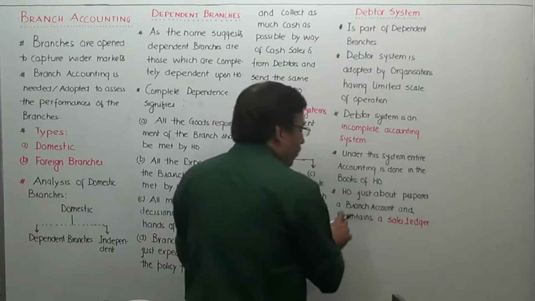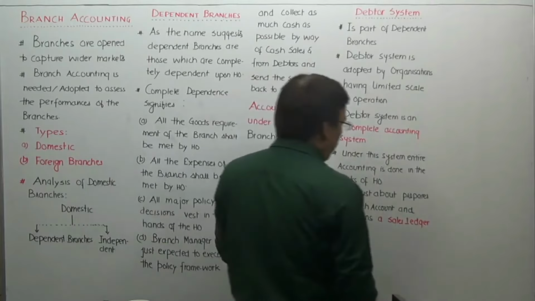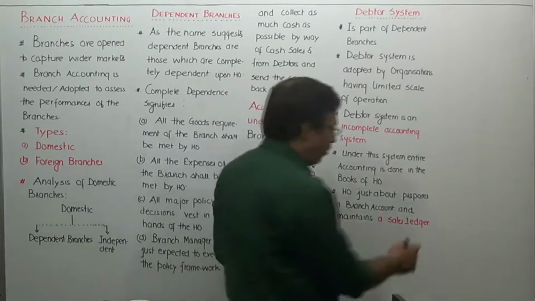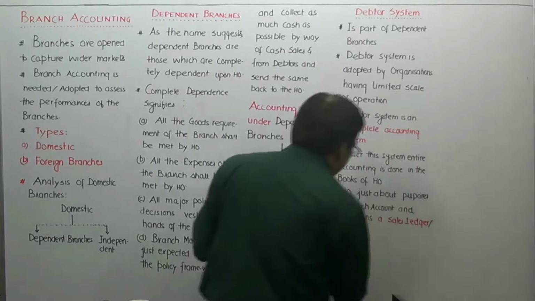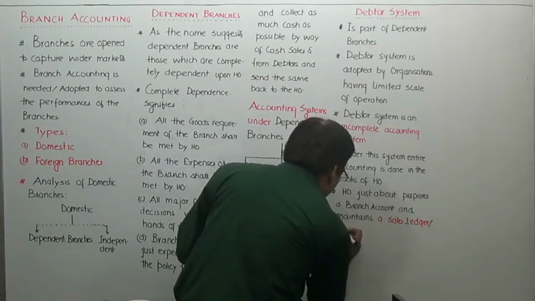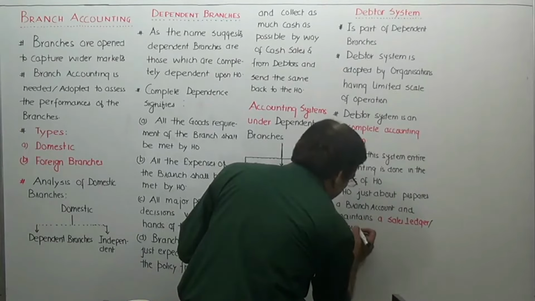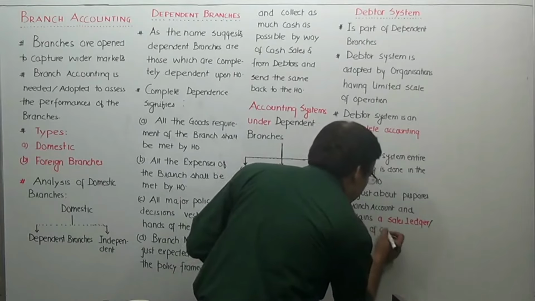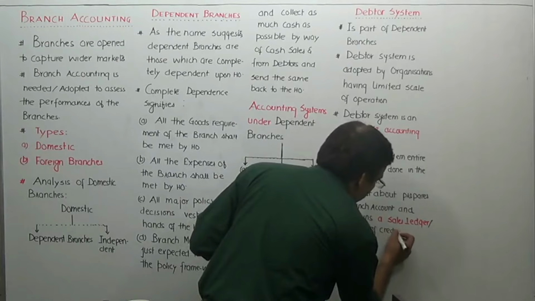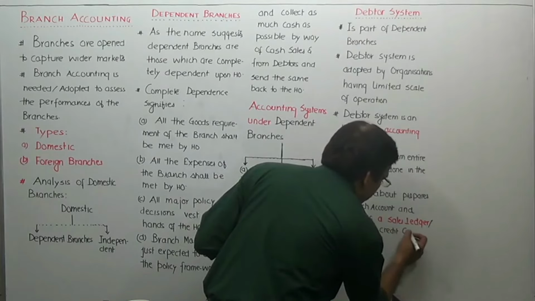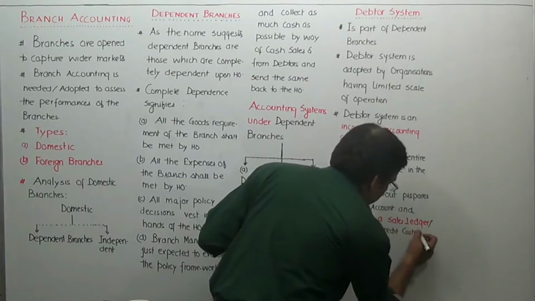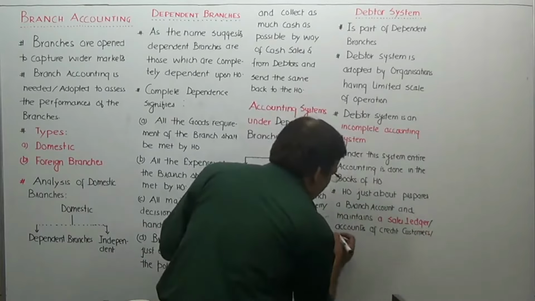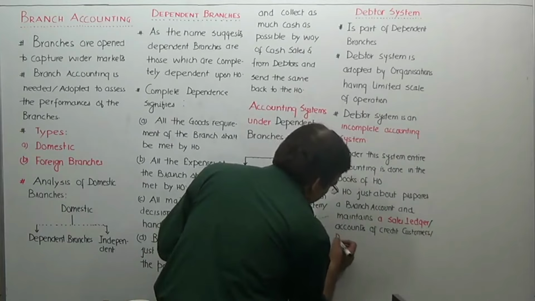So, when I am saying that head office just about prepares a branch account, of course in its books, and maintains a sales ledger, it means the accounts of credit customers. And accounts of credit customers is nothing but debtors account.